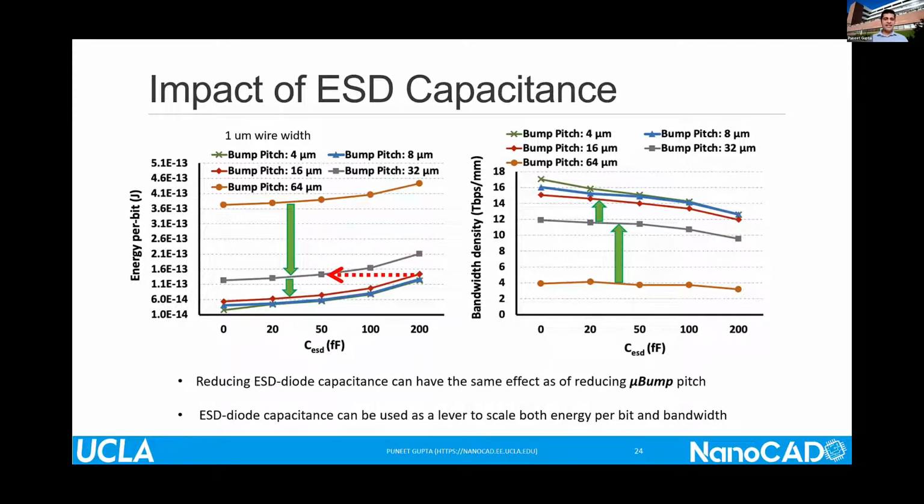So we have seen ranges all the way from 200 femtofarads ESD requirements to 20 femtofarads ESD requirements, depending on how the process is done. At least looking at our results, we believe that it needs to be below 50 or so, especially for these densely integrated chiplet type systems for ESD requirements.